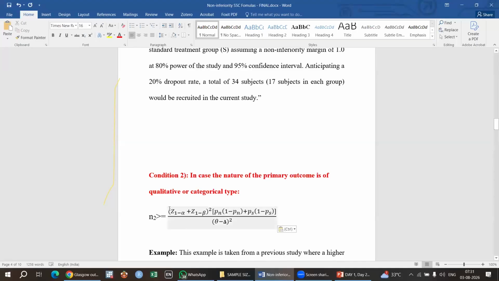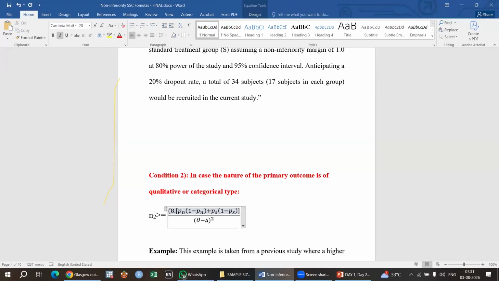So please tell me this value for 90%. I will give you this answer after that. 8.567. Okay, no problem. Then it is a very easy formula.